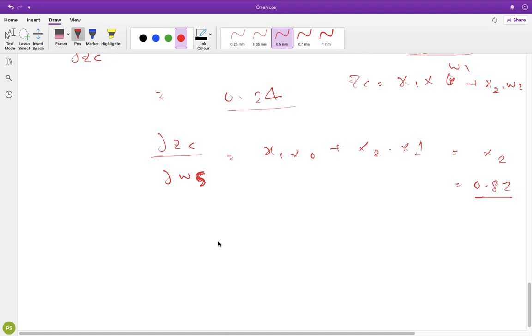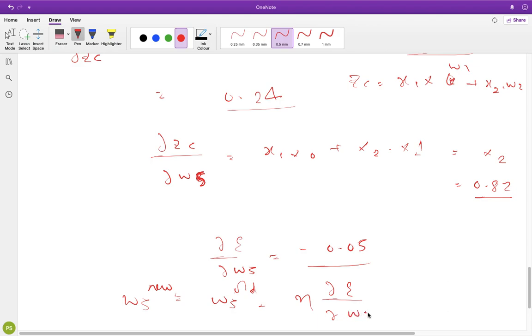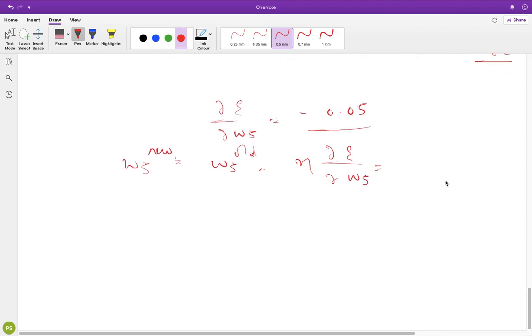When we plug in all these values, we get that dE by dw5 is minus 0.505, and we will calculate the new value as old minus learning rate times dE by dw5. So in this calculation, when we plug in all the values we have calculated, we get that w5 new is this one and w6 new is 0.63.